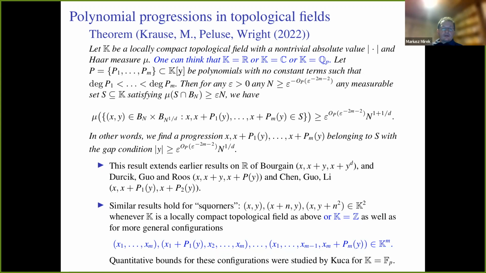What we have done here was initially considered by Bourgain in 1998, I think, on the real line for these configurations. And then recently it was discussed by Durcik, Guo, and Roos, and Chen, Guo, and Li. But because they used classical Fourier methods heavily, they were unable to go beyond the trilinear situation.